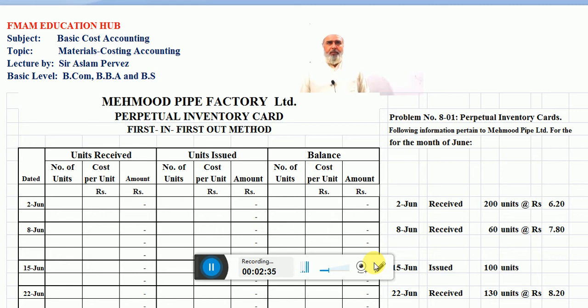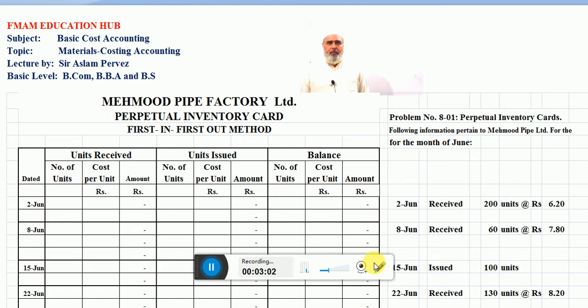These cards are at the same time basic documents to assist us in costing for issues of materials and ending inventory.